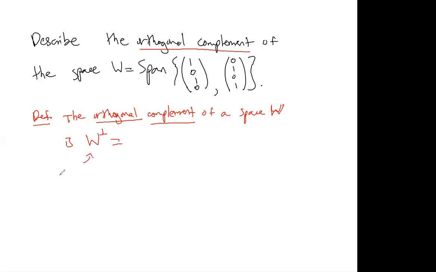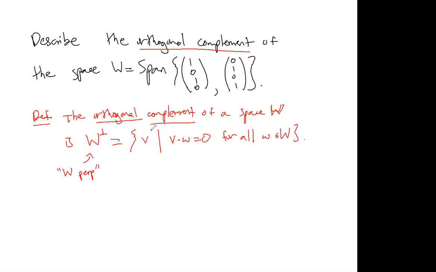It's the set of vectors V, in whatever space you're in, such that V has to be orthogonal to every w in W. So this is the definition of orthogonal complement.